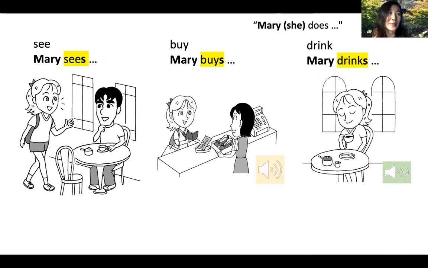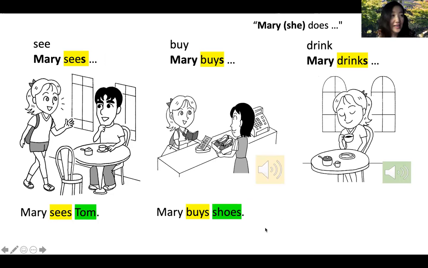The second one, a little bit upgraded, is we can add the direct object, right? Mary sees Tom. Mary buys shoes. And Mary drinks coffee, right? So actually it describes each picture, right?